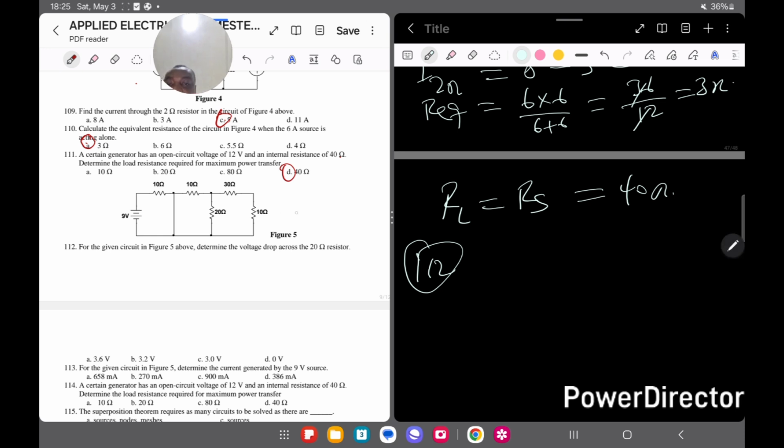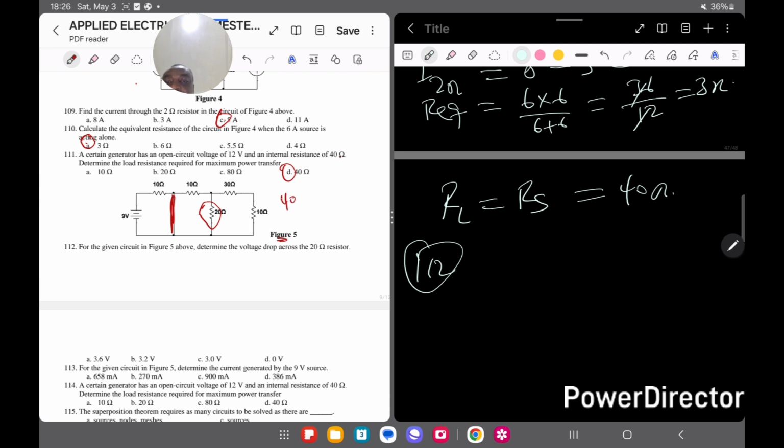When you look at figure 5 here, we are asked, for the given circuit above, to determine the voltage drop across the 20 ohms resistor. So when you look here is the 20 ohms resistor, we have to find the voltage drop. So you see here is a wire, and it has a very low resistance. If we were to find the equivalent resistance for the other part here, the first part, we have 30 ohms in series with 10, so the equivalent resistance will be 40.